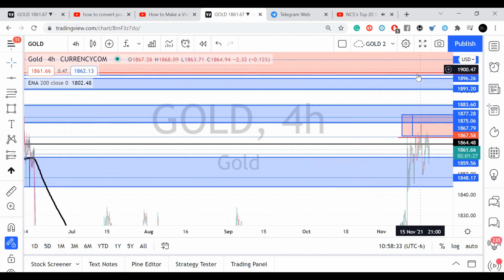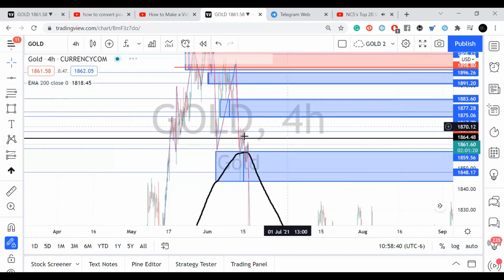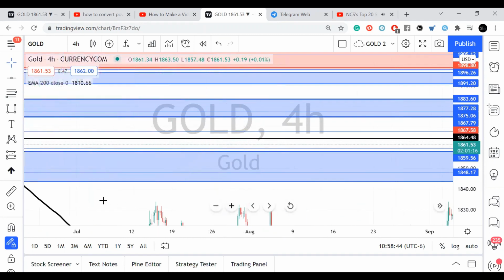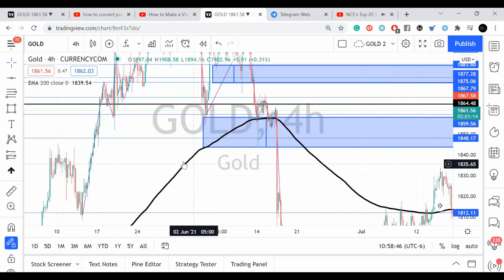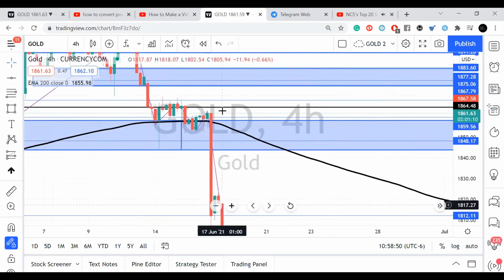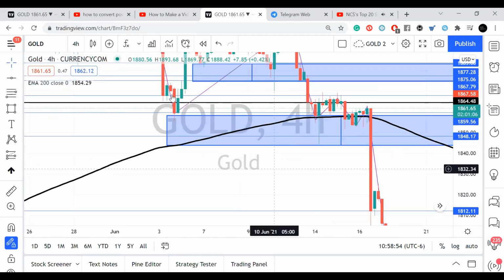I'm expecting price to come here, not this one that I marked here. Price is just repeating this move here. We will eventually have a breakout during high impact news. That's why we've been here forever.